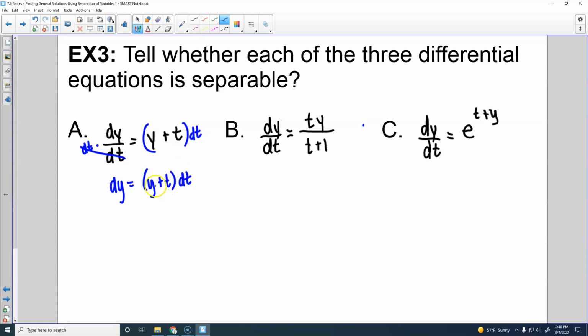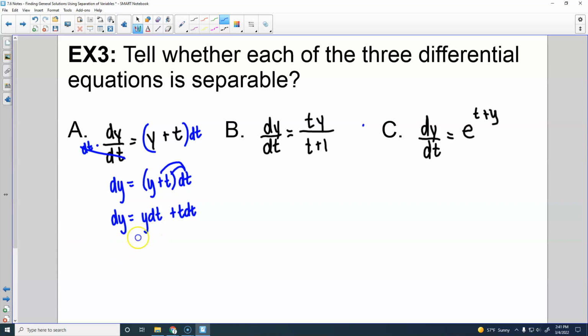What you want to do is subtract that y, but you can't do that unless you distribute the dt first. So dy would be y dt plus t dt. So if you did move the y over, it'd have that dt with it.